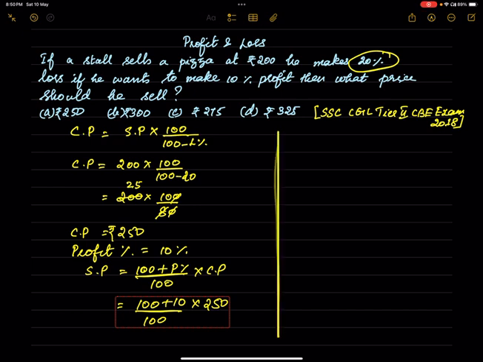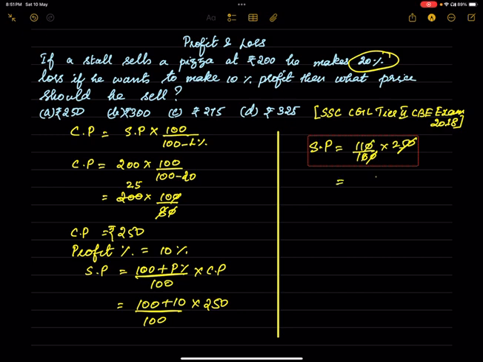Okay. So, what is SP? SP is equal to 110 divided by 100 into 250. Cancel the zeros. 11 into 25. 275 rupees.